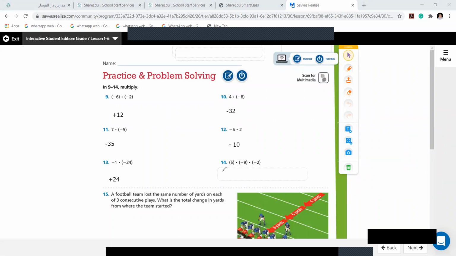Minus 10. Yeah. You have minus 10 and you have minus 9. So what is the answer? Plus 90 or minus 90? Plus 90. Louder, Majdaleen. Plus 90. Excellent.